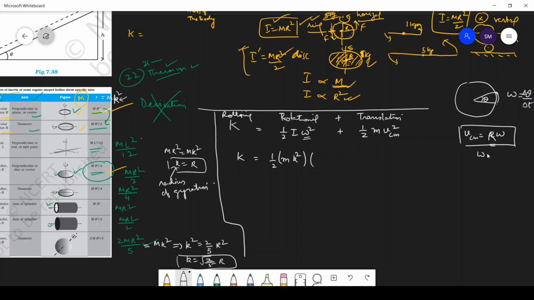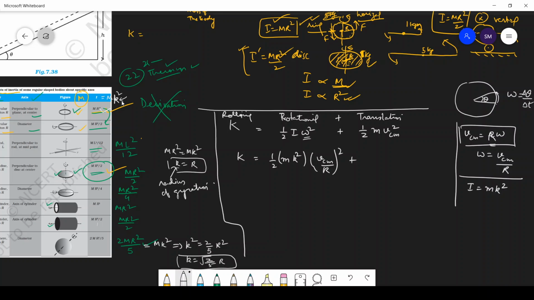So omega is equal to VCM upon R, right? So this is VCM upon R square.